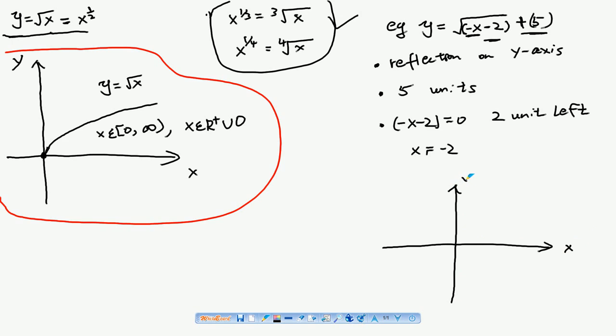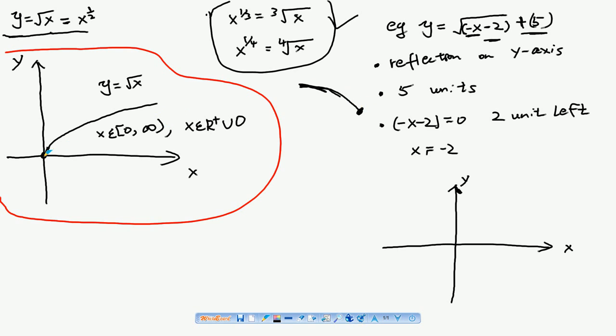So now let's draw our new graph. X is here, y is here. Let's picture the shape of the graph first. When we have a reflection on the y-axis, the shape of the graph becomes something like this, and the starting point doesn't change.